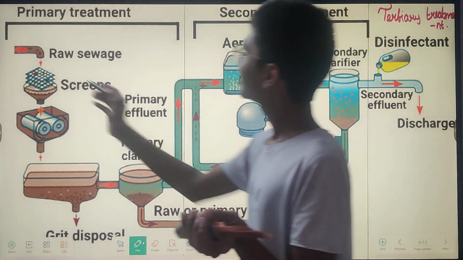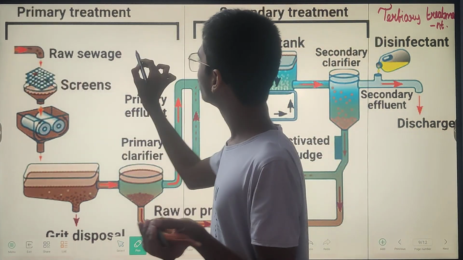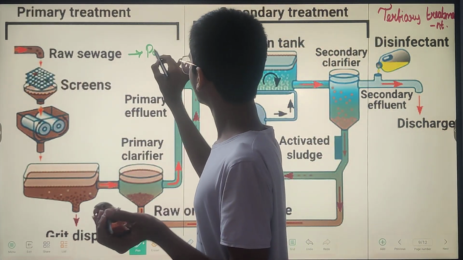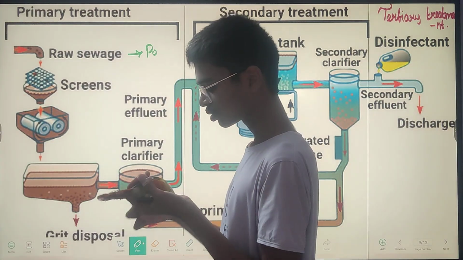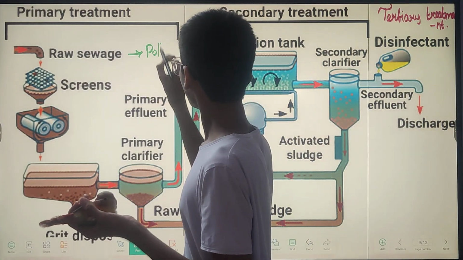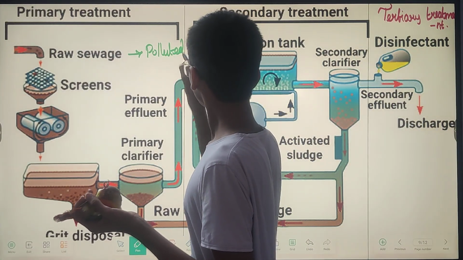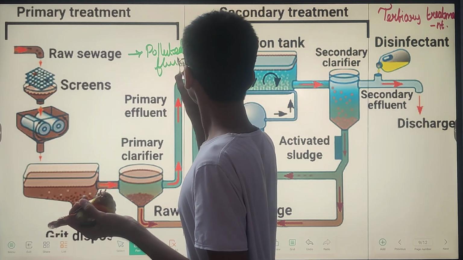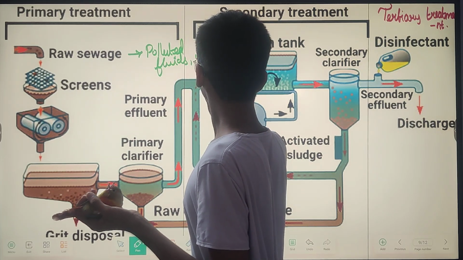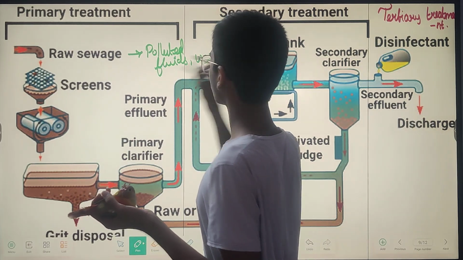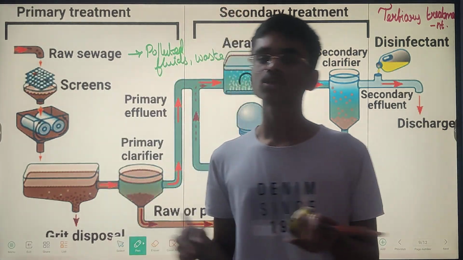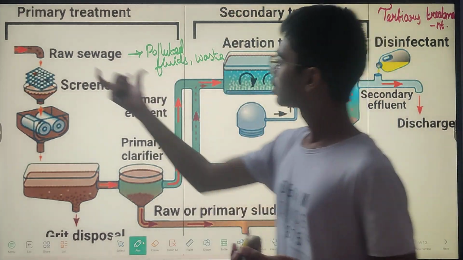Here is the place where all the polluted fluid will be coming. Fluids, waste, everything will be coming in this one. This is what is known as raw sewage.